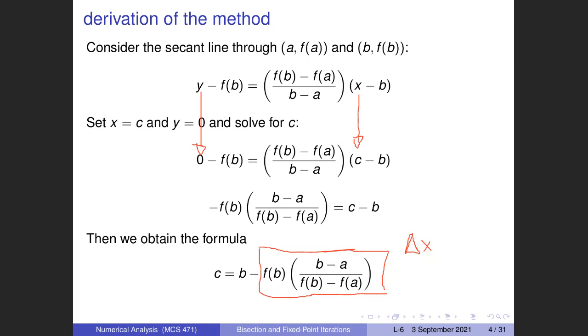We subtract or we correct something from B to obtain the next approximation C. What we use as the correction term in a converging method will be an estimation for the forward error, which I here denote with delta x, or delta r if we use r for the root.